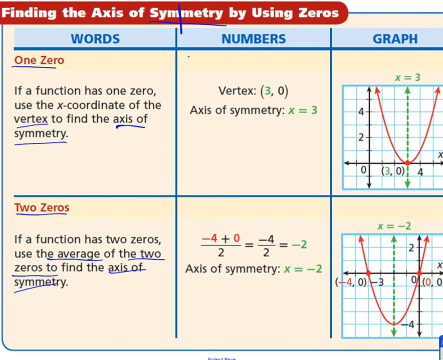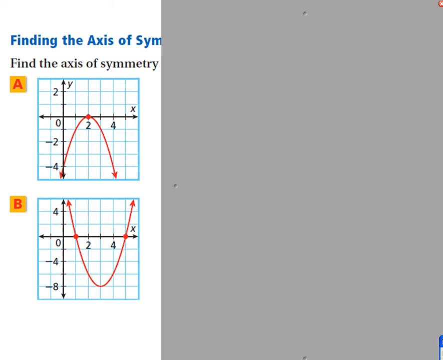Underlining important words. All right, so we have the zeros up here. It's graphed for us. So we want to know, where is the axis of symmetry? So on letter A, remember it's a whole line. So how could we indicate the name of the line? The line of 2.